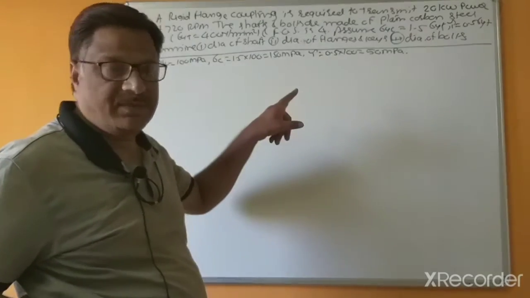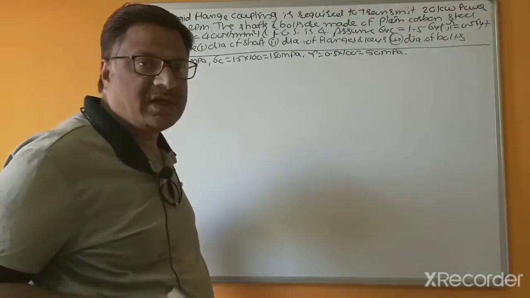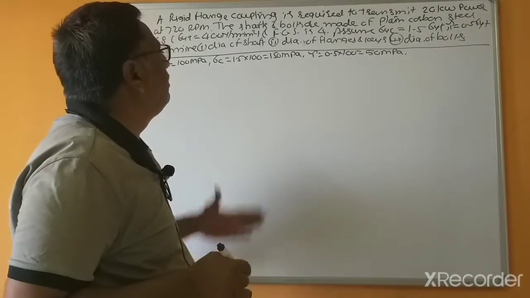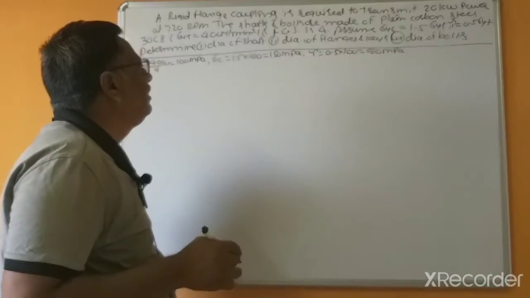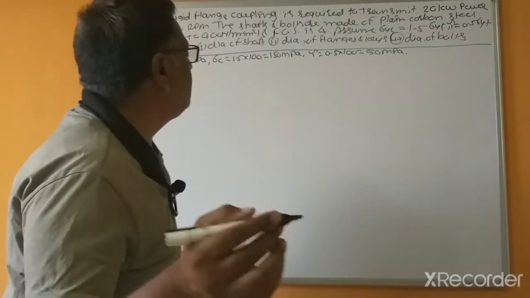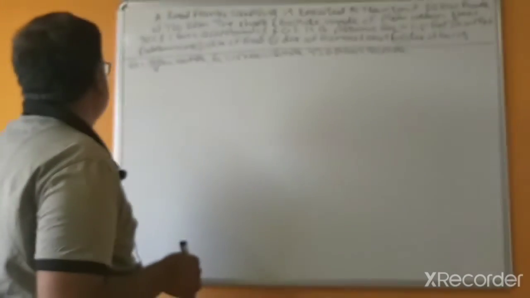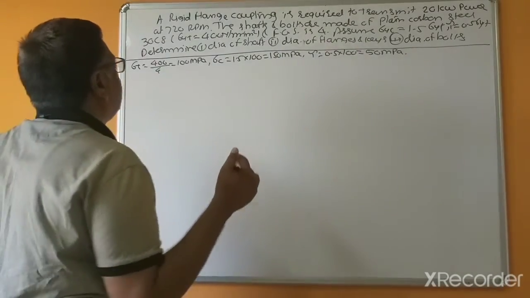So material is the same. For couplings, cast iron is actually a popular material, but for this problem mild steel is given. Using mild steel is not easy for manufacturing, but in some cases we can also use mild steel materials, where strength is more important.